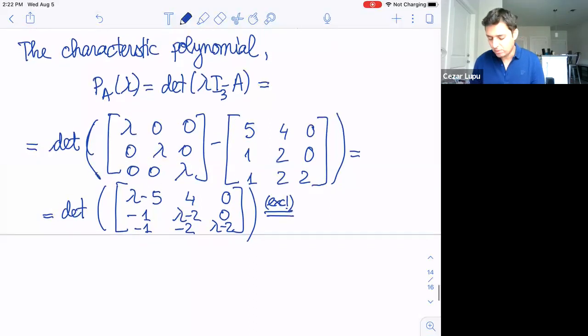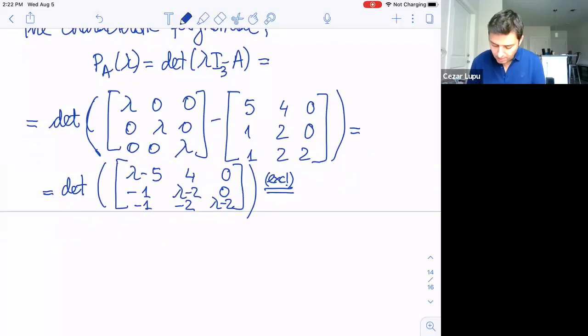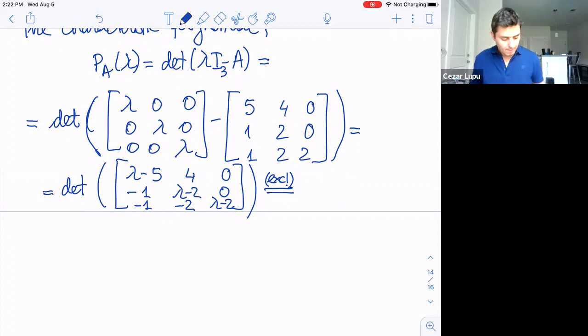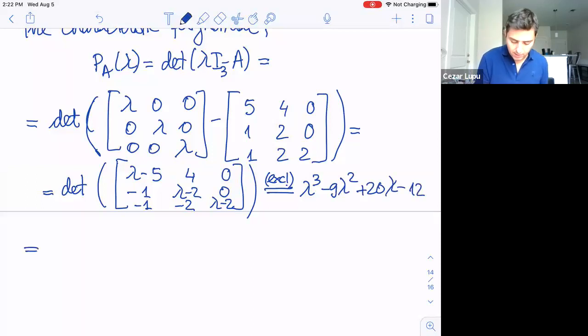It will be a degree 3 polynomial. According to my computations, this will be lambda cubed minus 9 lambda squared plus 20 lambda minus 12. And this can be easily factored into lambda minus 1, lambda minus 2, lambda minus 3.